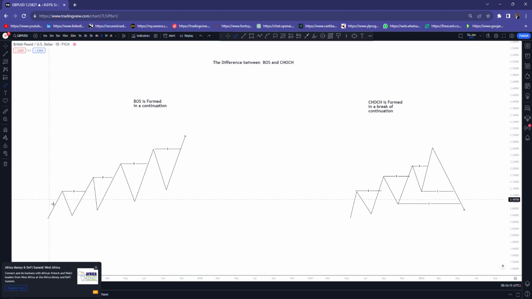Now the key thing is you have your order block. The price went up, came here, and now the question is which area created the break of structure? This area here created the break of structure. So you have your line here.